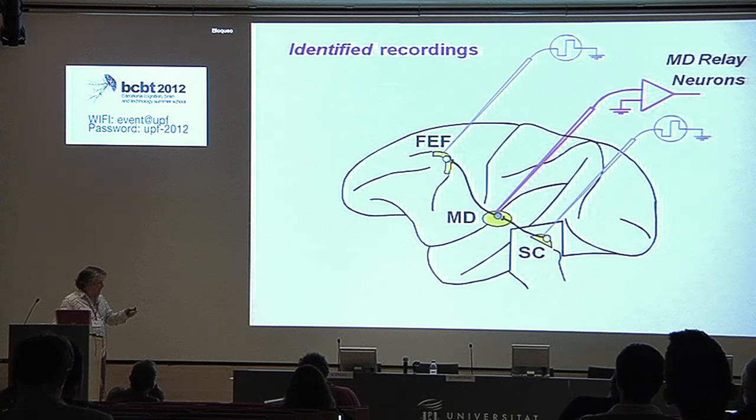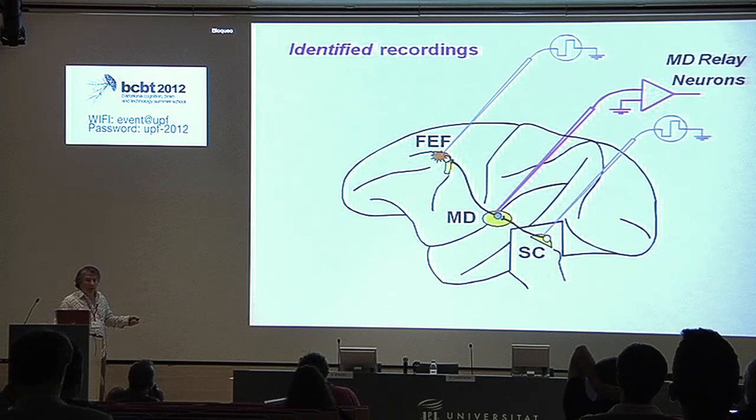And so every time we isolated a neuron in the thalamus, we would apply a single pulse of current into the frontal eye field, for example. And if the neuron we were recording from projected up to the frontal eye field, we should be able to backfire it from the frontal eye field.